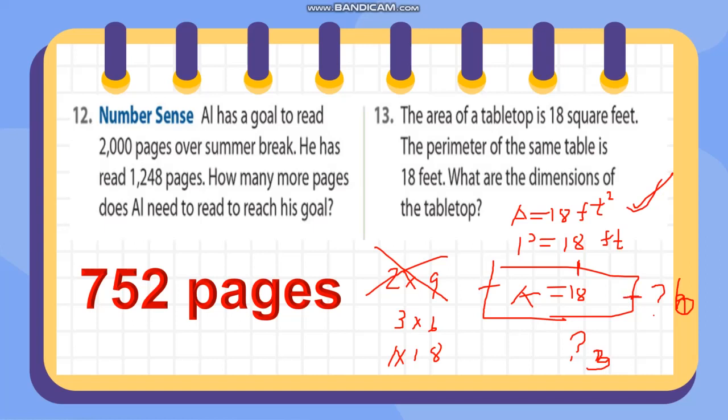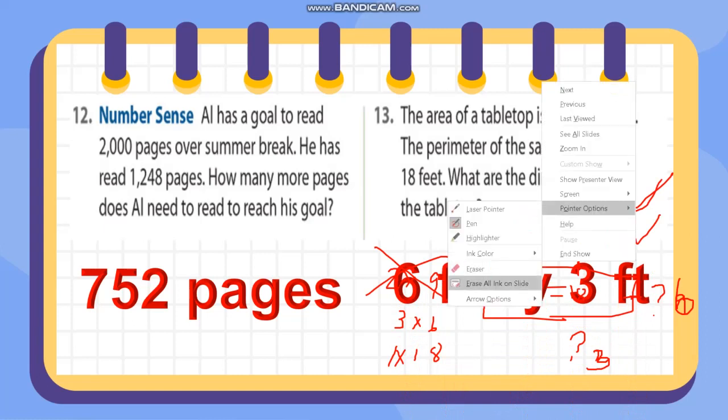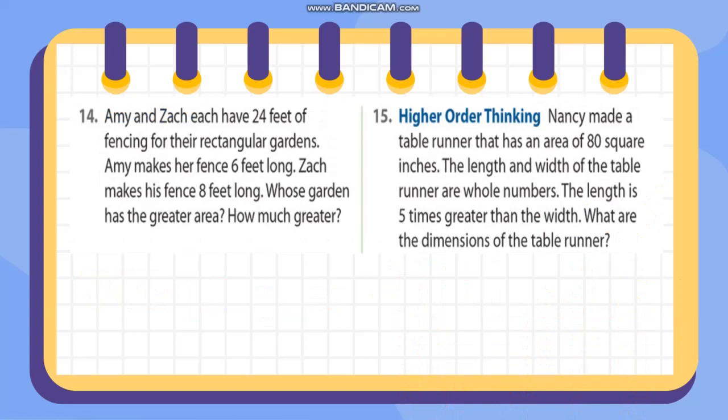So 6 plus 6 is 12, plus 3 is 15, another 3 is 18, so the perimeter is also 18. So in short, the answer is 6 feet by 3 feet. If you use that dimension, 6 feet by 3 feet, the area is 18 and the perimeter is also equivalent to 18.